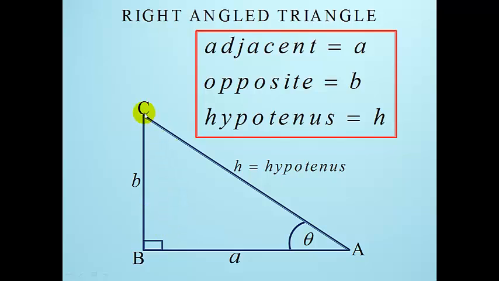And the side that is opposite to the 90 degrees angle is the longest side of the right-angled triangle, and that is what we call the hypotenuse, that is H. So from the right-angled triangle ABC, the adjacent side is A. The opposite side to the angle theta equals B, and the hypotenuse, that is the longest side of the triangle, is equal to H.